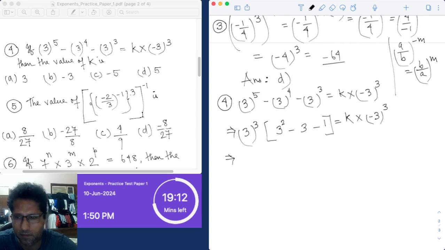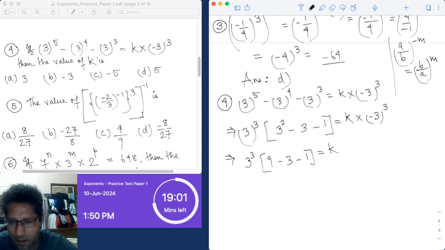Now this implies 3 cube into 9 minus 3 minus 1 equals k times (-3)^3. Now 9 minus 4, that is 5, multiplied by 3 cube equals k multiplied by (-3)^3.